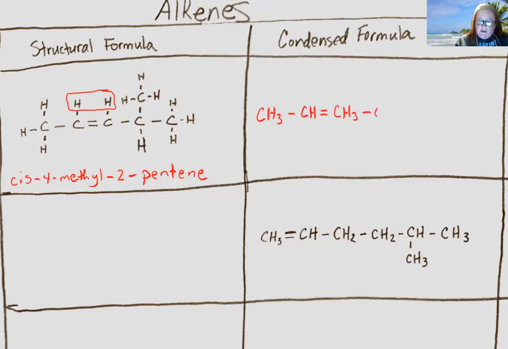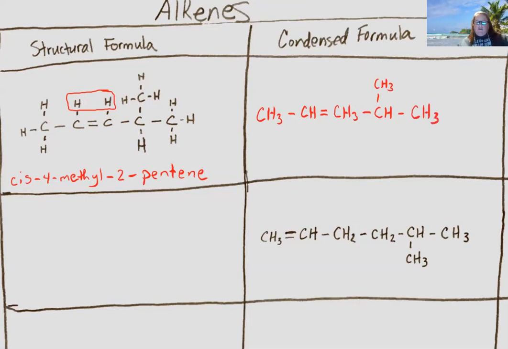On this carbon, I have a C and an H, but coming up off of it, there is a methyl group, which is a CH3, and then I have a CH3 there.